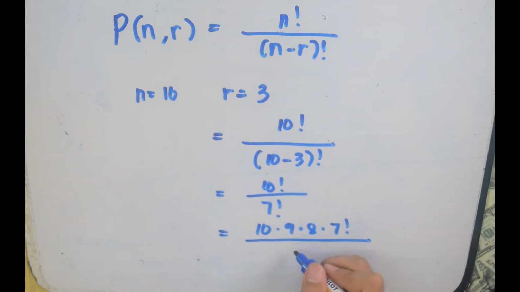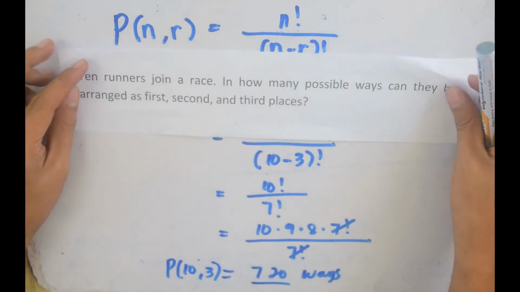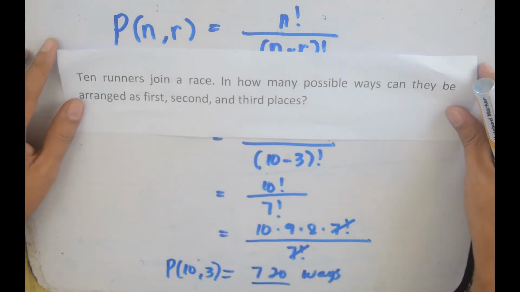Therefore, we have 7 factorial here. Cancel out 7 factorial. We have 10 times 9 times 8, that is 720 ways. Okay, that's permutation of 10 taken 3 at a time. So there are 720 ways that you can arrange the runners as first, second, third places.